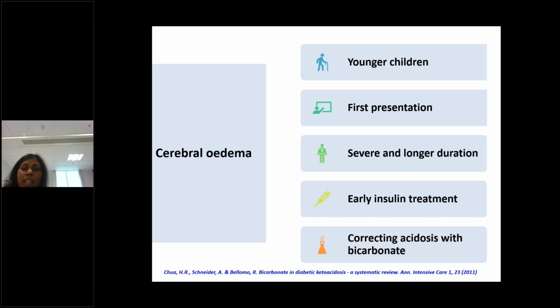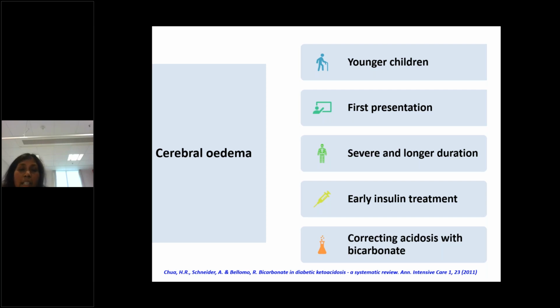And early insulin treatment, we all know that, we need to replete the fluids first, and usually start the insulin after 1 to 2 hours of repleting the fluids. If we start them on insulin straight away, there is a risk of cerebral edema. And as we saw in the first slide, I don't think any of us treat acidosis with bicarbonate.